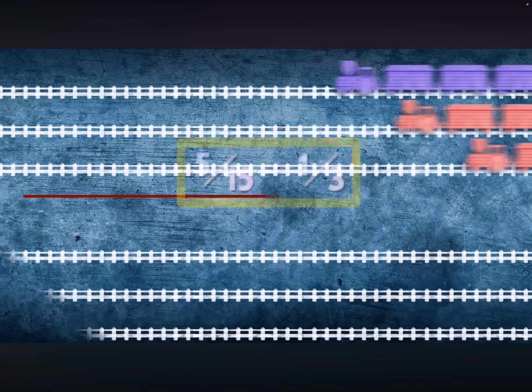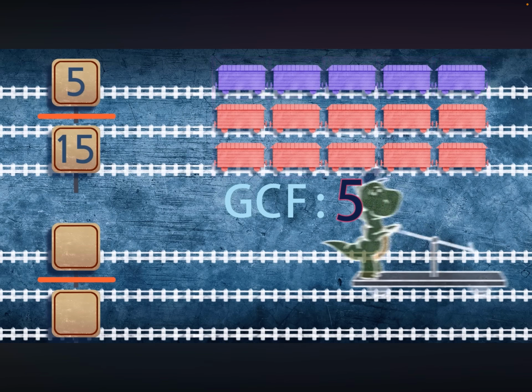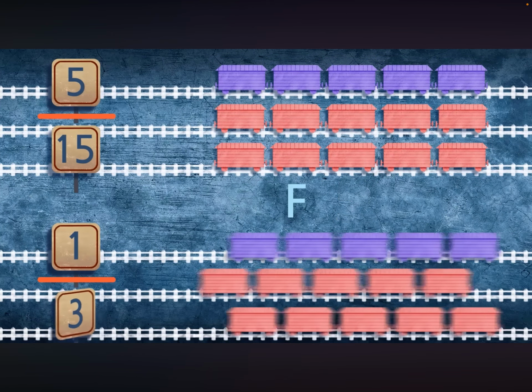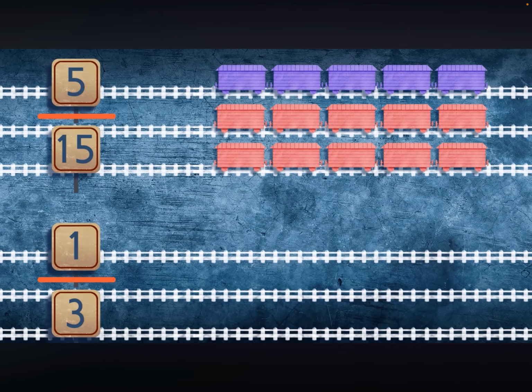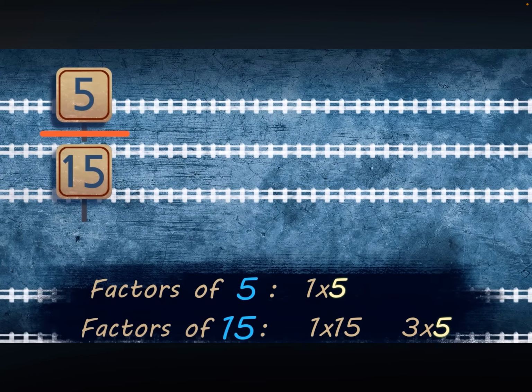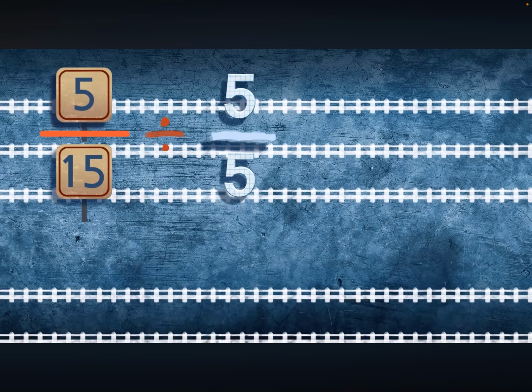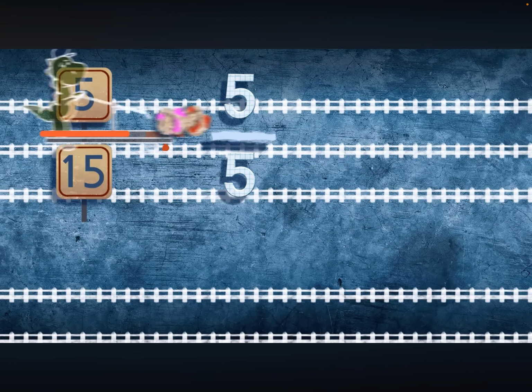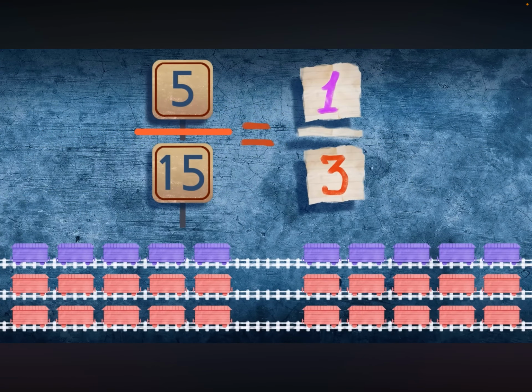A rectangle shows 5/15. The GCF is 5, so divide both by 5 and get 1/3 as lowest terms.